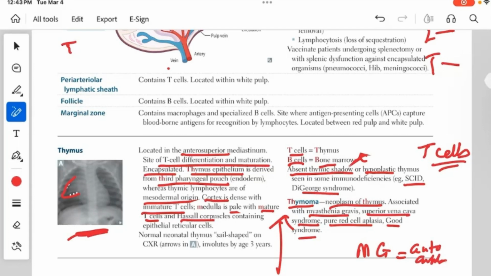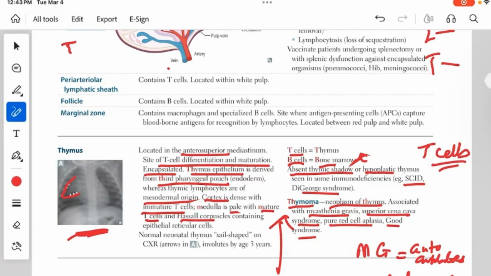Okay, autoantibodies against the ACh receptors in the motor end plate. It's usually associated with a mass in the anterior mediastinum.